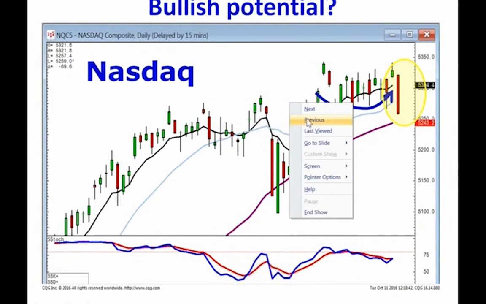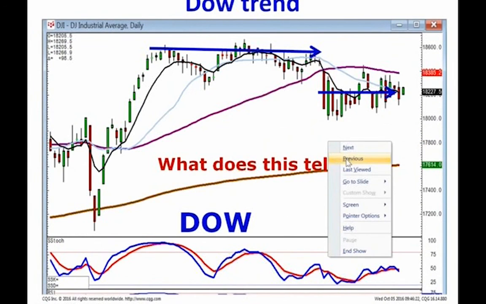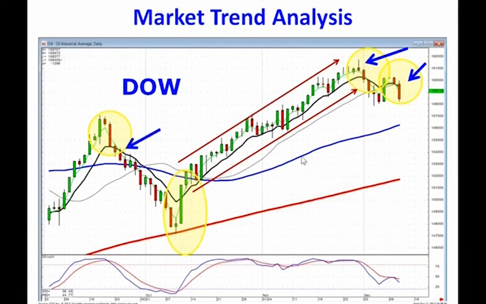Trying to find an uptrend. Here's a case where notice we didn't close back below the T line here. We did right here. So if we'd been trading the YMs, but notice how long this trend had been. We were definitely above the T line, and we had 1 day below the T line in an uptrend.